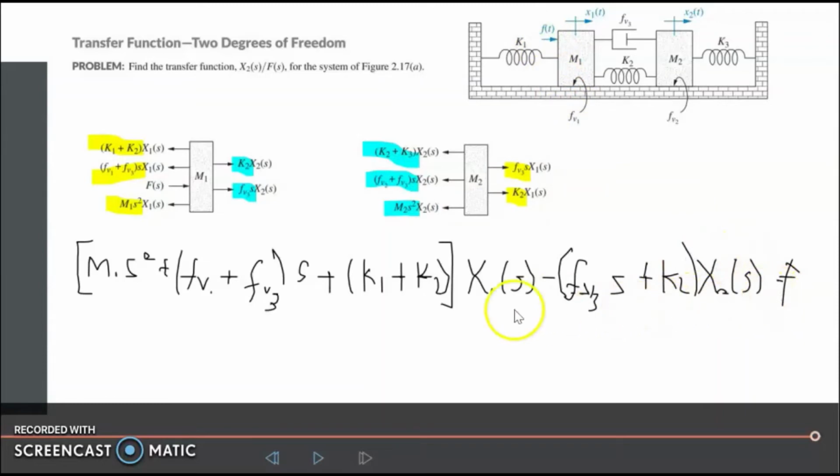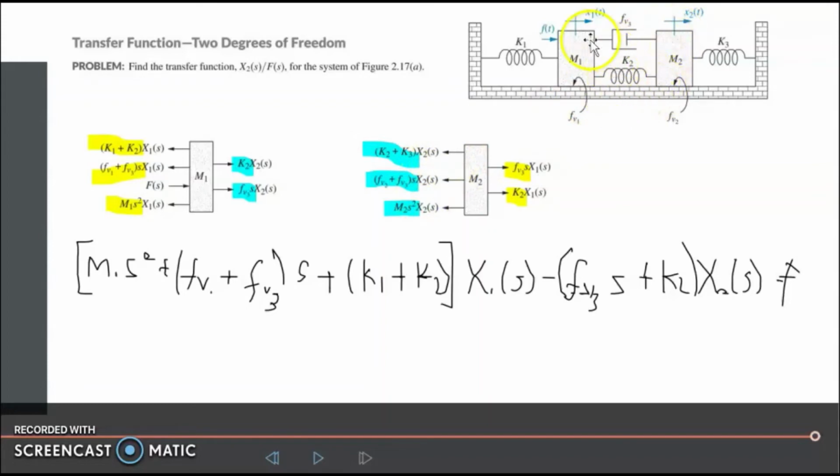So this equation is the result of the force summation, or impedances, applied to M1, and then we do a similar thing for M2. You have to list down all the forces here. You can see K2 and K3 are the springs relative to X2, and then there's friction on the surface Fv3, and also the damper Fv3, and then the acceleration of M2, all relative to the X2 displacement.